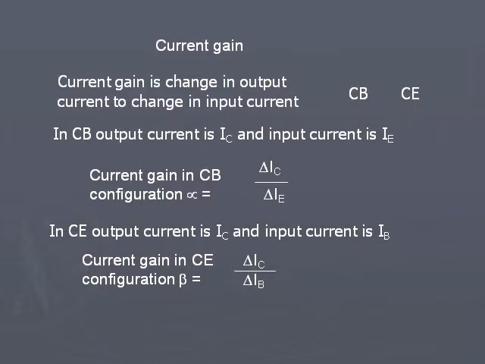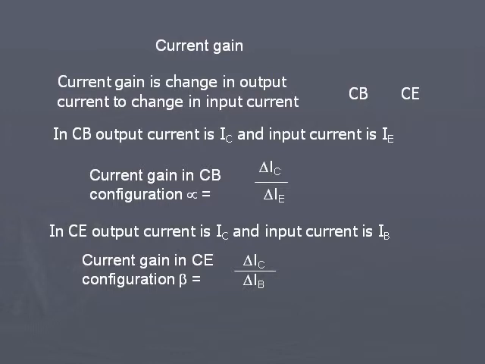Similarly, current gain in common emitter configuration is indicated with beta. Here, in common emitter configuration, output current is collector current, input current is base current. So beta is defined as the ratio of change in collector current to the change in base current.